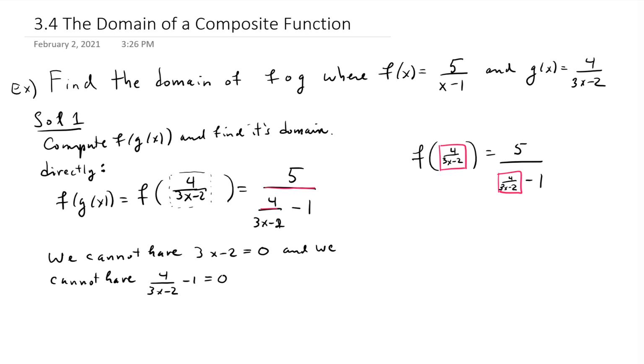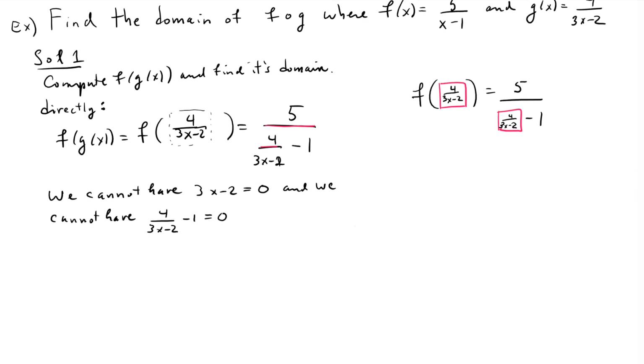So basically, all I need to do is solve these two equations, and the values of x that I get, I'm going to remove from all real numbers, and that's going to be my domain. So now, if I solve 3x minus 2 equals 0, that's 3x equals 2, or x is 2/3. So immediately I know 2/3 is not going to be part of my domain. And then I need to solve the other one here.